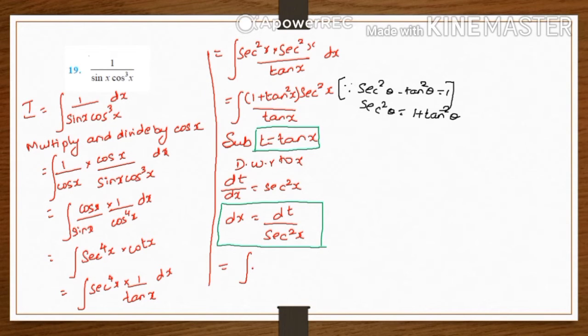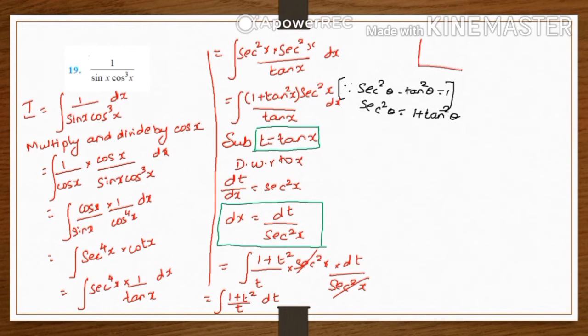So integral 1 plus t square, the denominator is t, into secant square x, and dx value is dt divided by secant square x. So this secant square gets cancelled and we are left with 1 plus t square divided by t into dt.